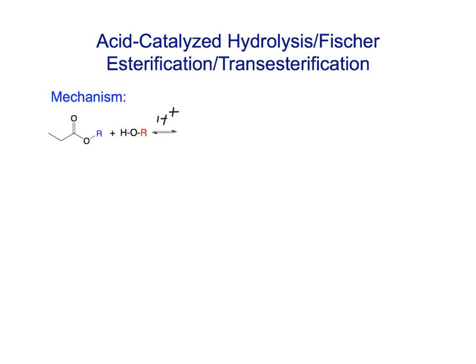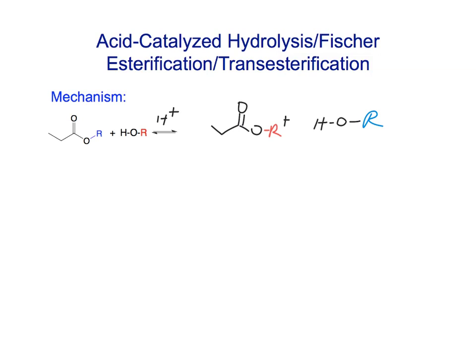Let's write out the products here. We know that those two groups are going to just exchange places. We're going to end up with the blue R group over here and the red R group over here. They're just going to swap over.